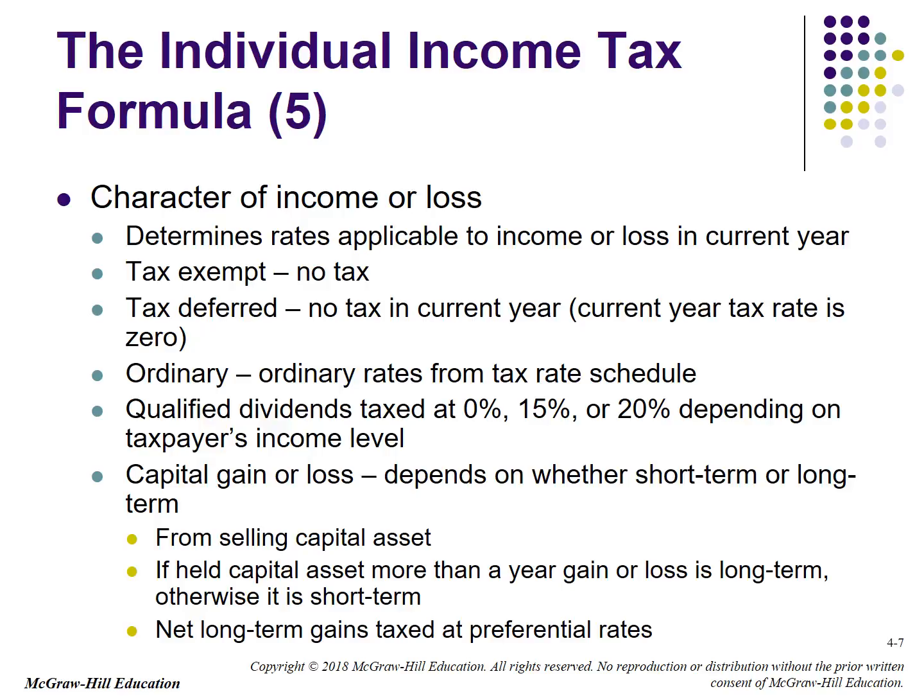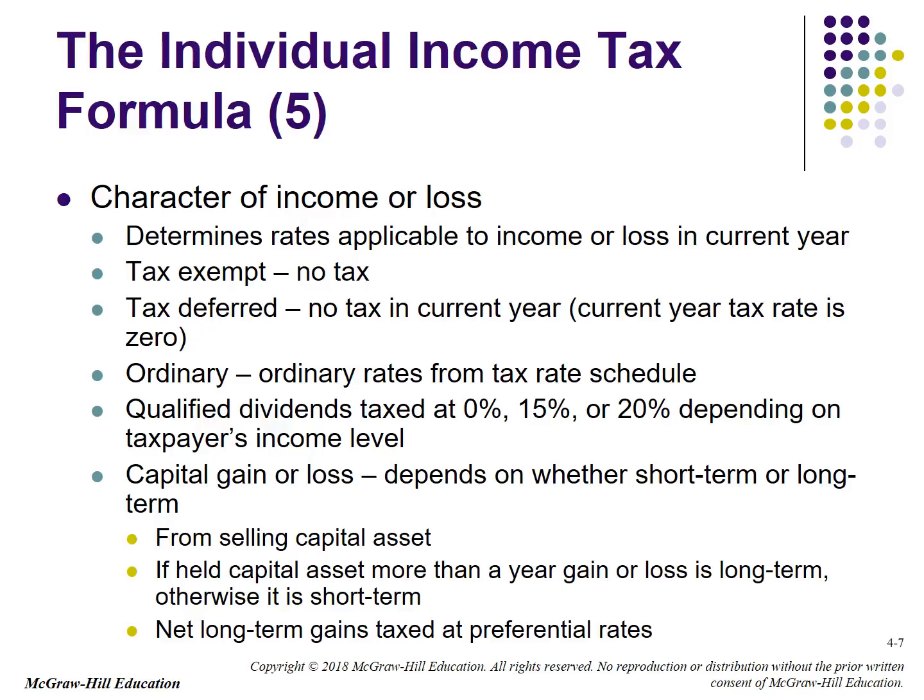The thing to remember is that if a capital asset is held, so it's owned, more than a year, it's called long term. If the ownership is a year or less, it is a short term capital asset. And that's very important because that will determine how gain or loss on the sale of that asset will be determined, because long-term gains are taxed at special rates.